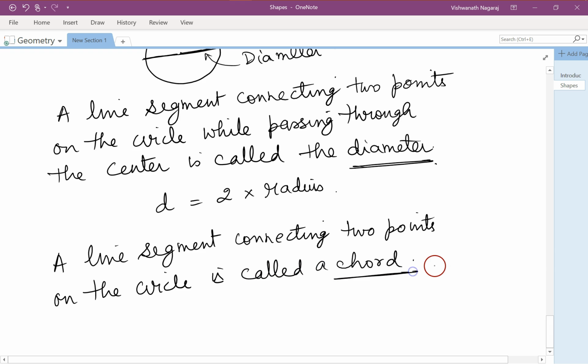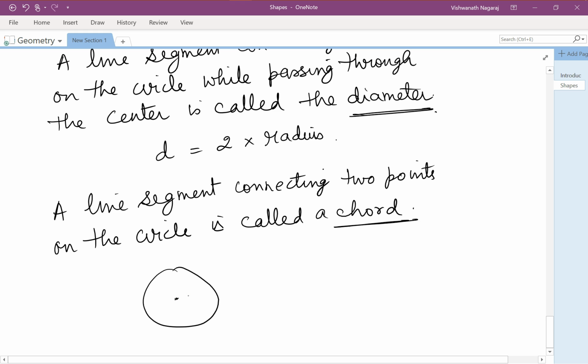Okay, now think of it like this. You have a circle, right? This is the center. Now this is a line segment connecting 2 points on the circle. So this is a chord. Okay, let me write it separately. So AB is a chord.